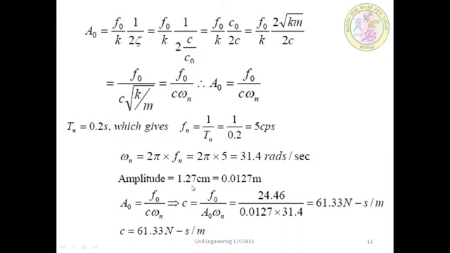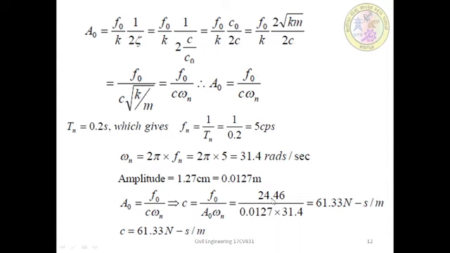Then what amplitude is given? The amplitude given is the resonant amplitude, 1.27. Now the resonant amplitude is known and F naught is known, so we can calculate c. c is equal to F naught divided by A into omega n.